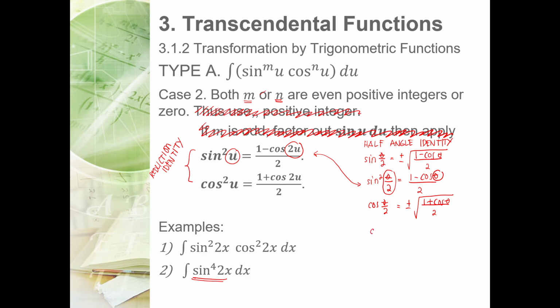Getting the square of both sides, that's cosine squared theta over 2 is equal to 1 plus cosine theta all over 2. So notice this one. Again, they are similar, but they have different declarations of their angles. So again, it all depends on the reference.